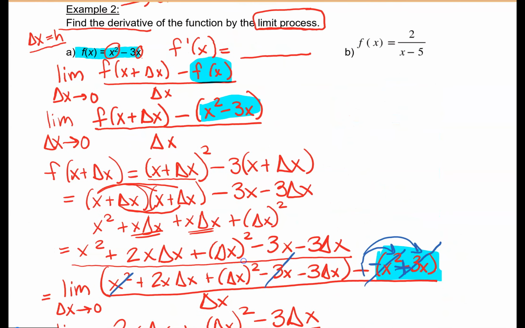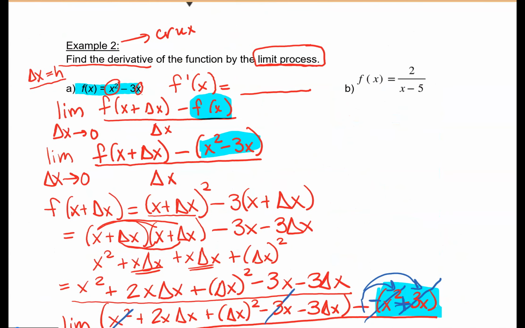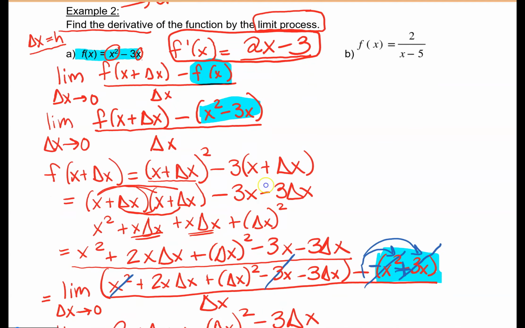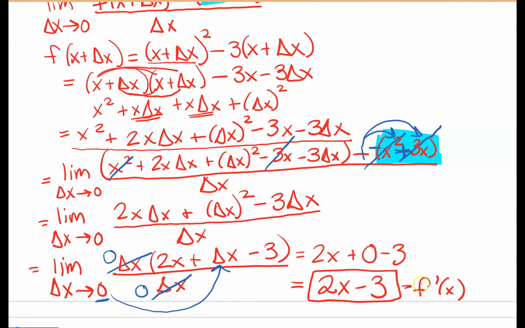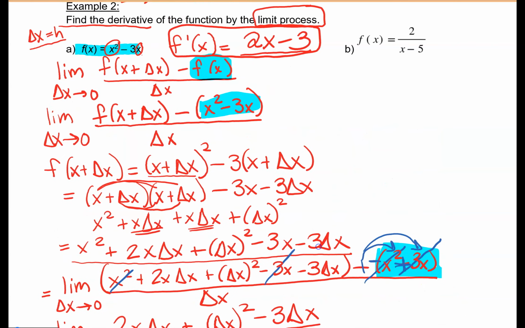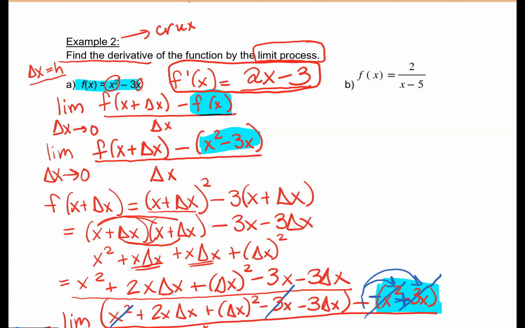Let me put that back in my answer. It was 2x minus 3 is our final answer. But this process that I used to arrive at that answer is just as important as the answer itself. Having that foundation of knowing where these derivatives come from.